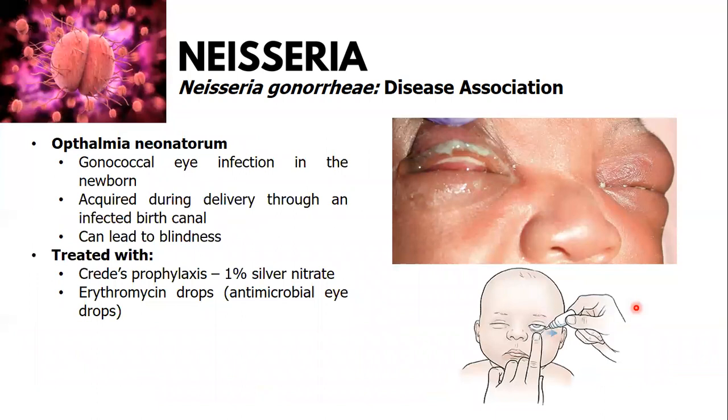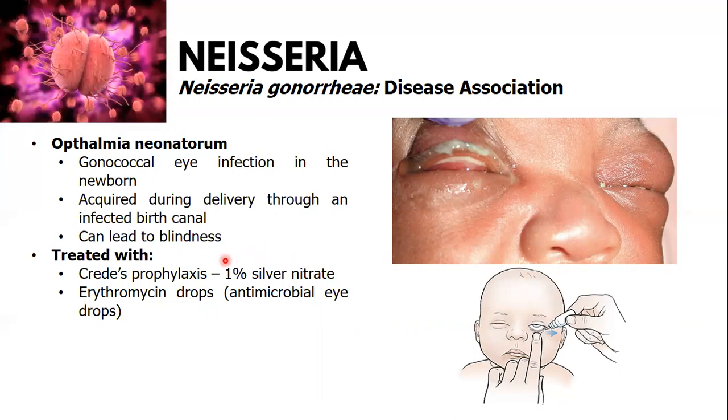Ophthalmia neonatorum is a conjunctival gonococcal infection that occurs among newborns delivered from infected mothers. And this could lead to blindness. So they are innocent victims of the situation. So take note that previously, ophthalmia neonatorum was treated with Credé's prophylaxis using 1% silver nitrate.